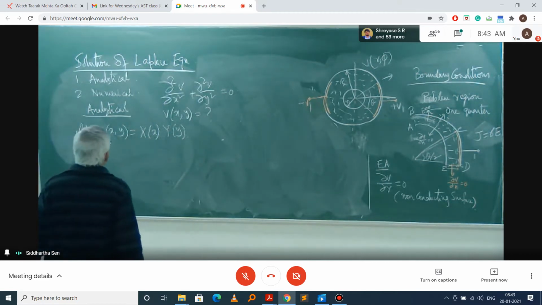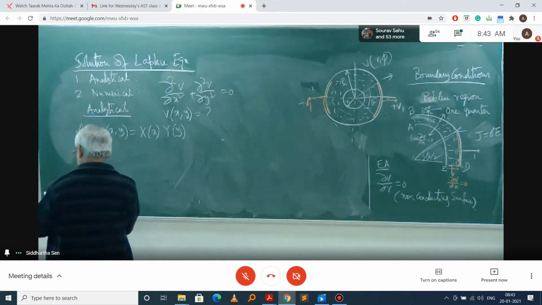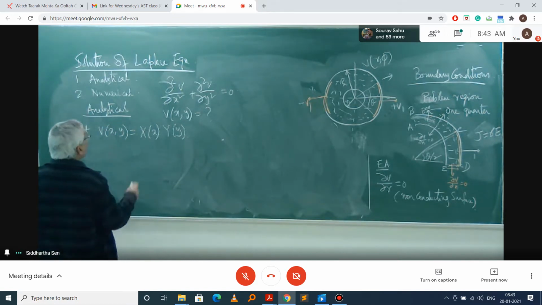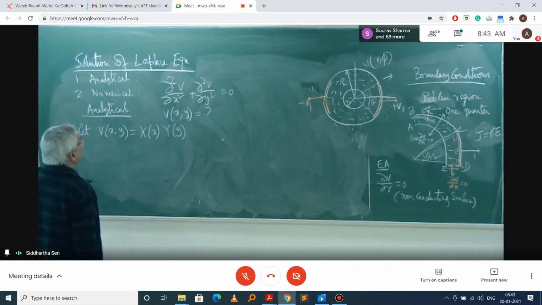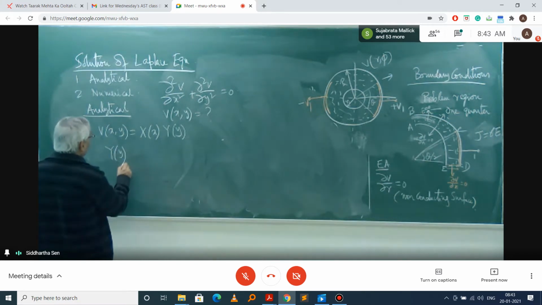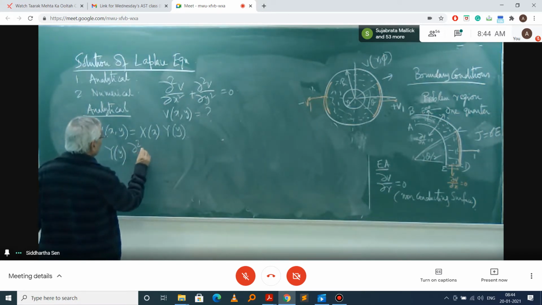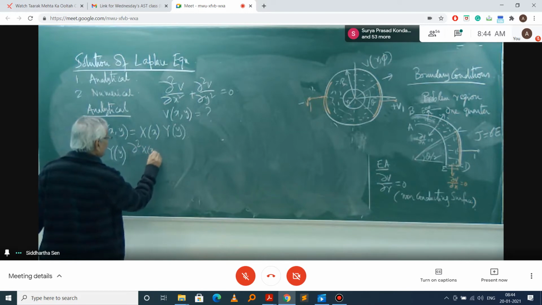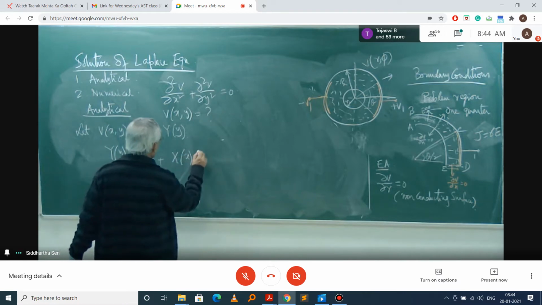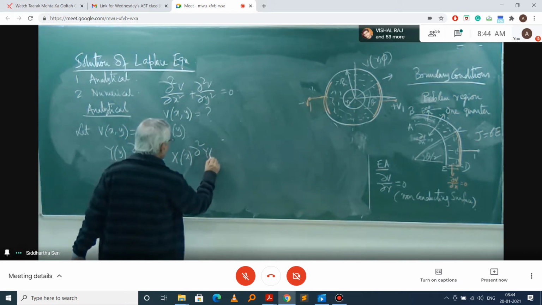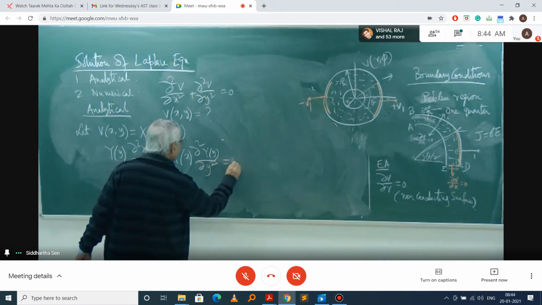So what we can say is that from this equation, if we put the values in, we get Y del 2X(x) del x square plus X del 2Y(y) del y square equal to 0.